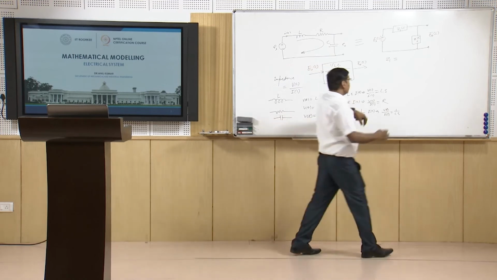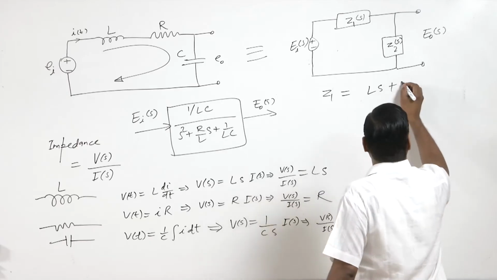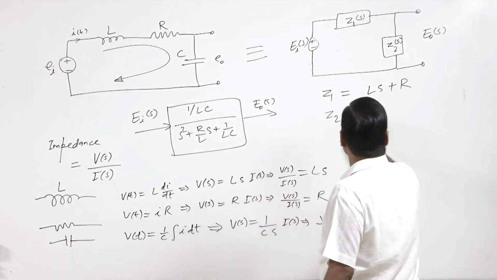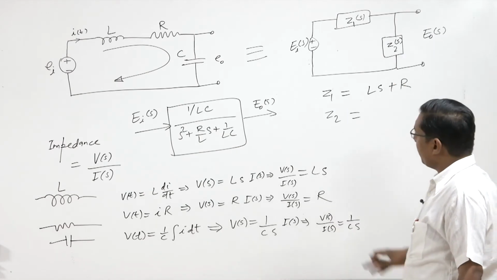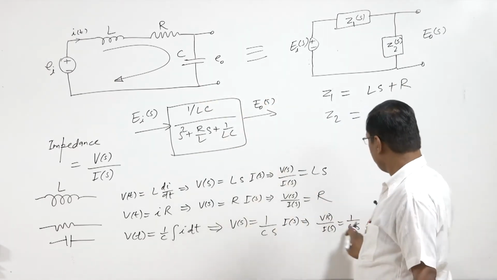So that is Ls plus R, and Z2 equal to the impedance of the capacitor, and that is 1 by Cs.